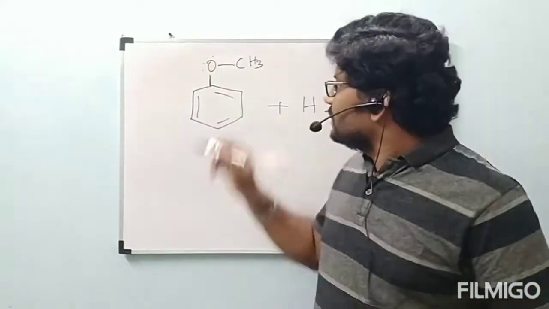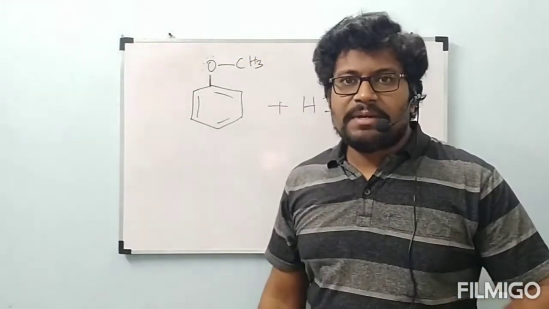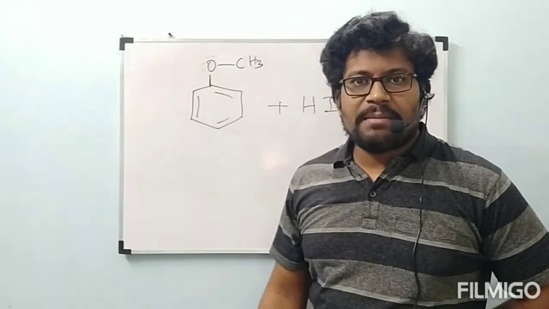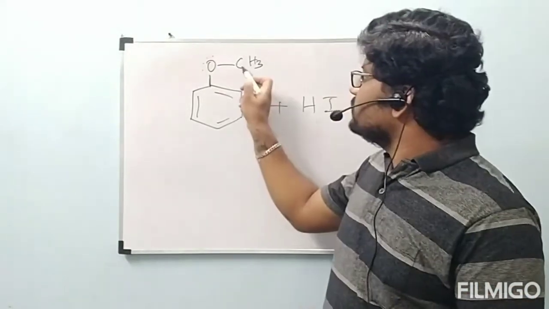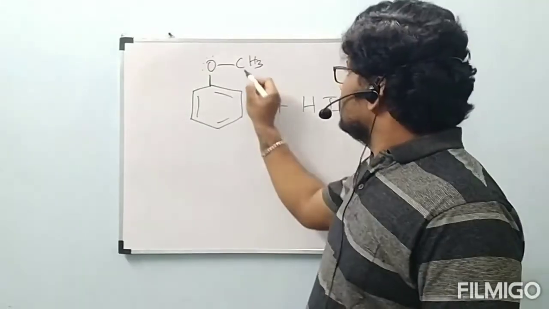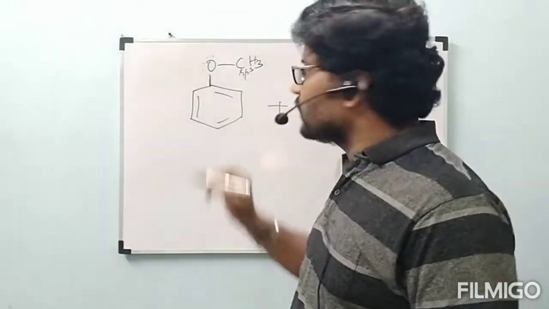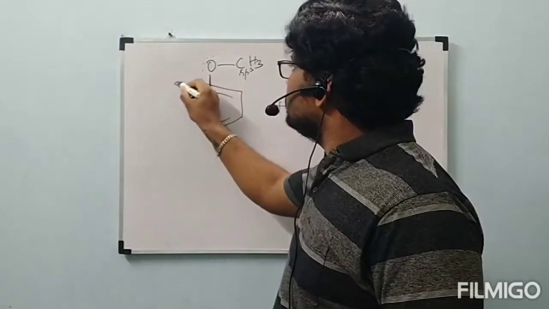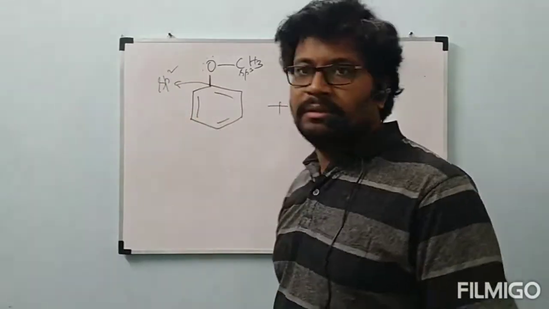As well as this carbon which is present here is sp2 hybridized carbon. sp2 hybridized carbon will hold the oxygen very tightly when compared to this carbon which is sp3 hybridized carbon. This carbon is sp3 hybridized carbon, and this carbon which is involved in benzene ring, that is sp2 hybridized carbon.